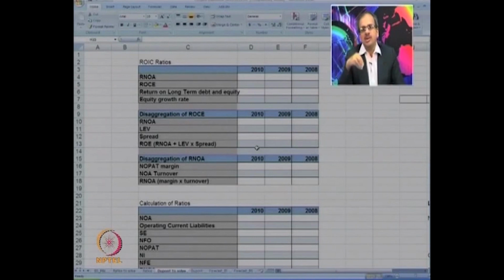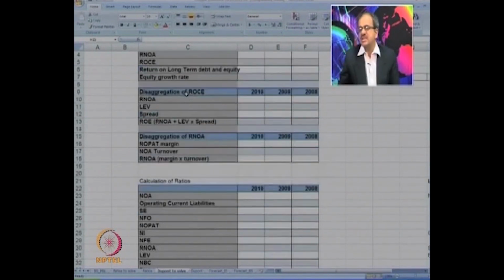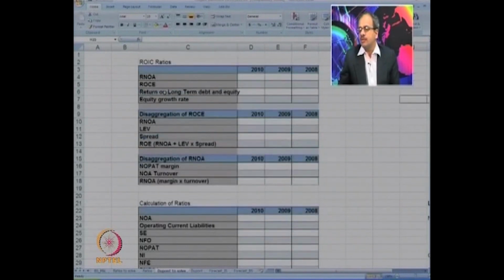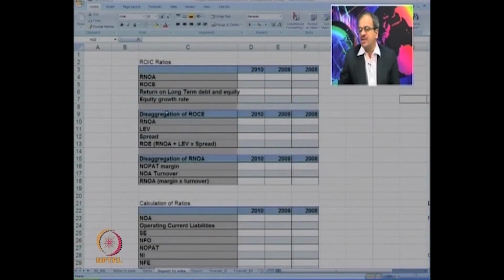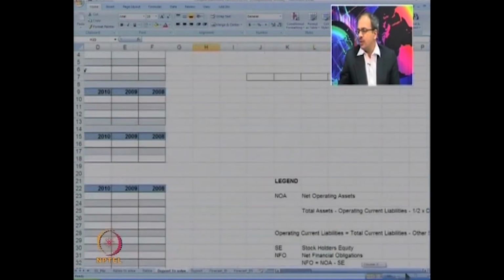So, how effectively the company is able to use the money which is invested to generate the profit, that is the return. Okay. So, we will calculate these ratios, that is RNOA etc., and we will also try to disaggregate ROCE. I hope you know these figures, but even if you do not know, they are shown over here.